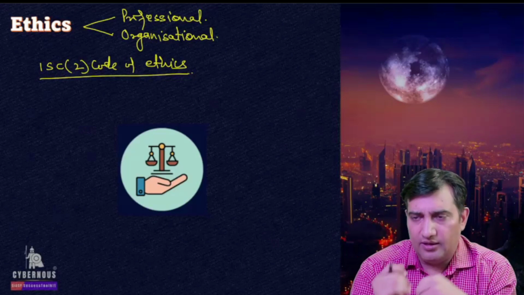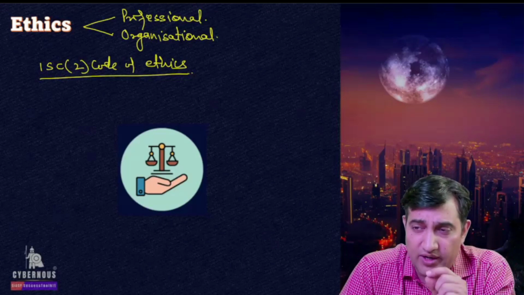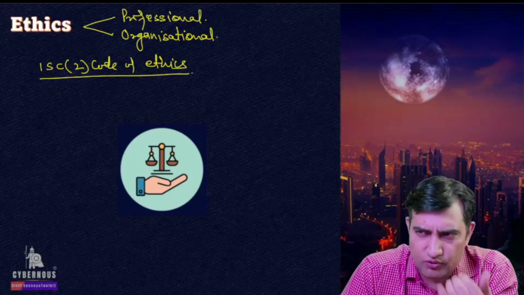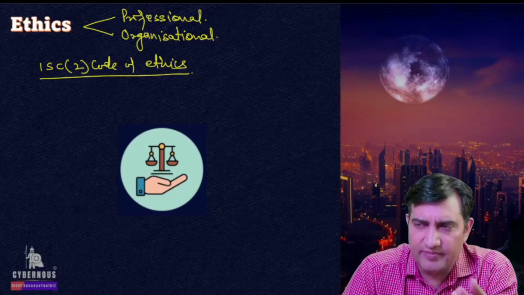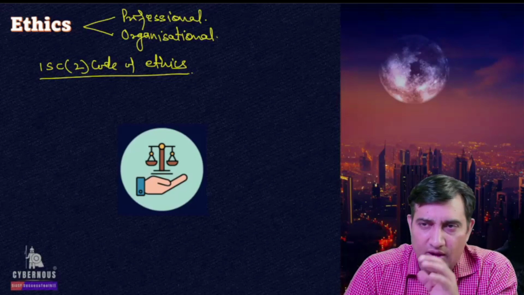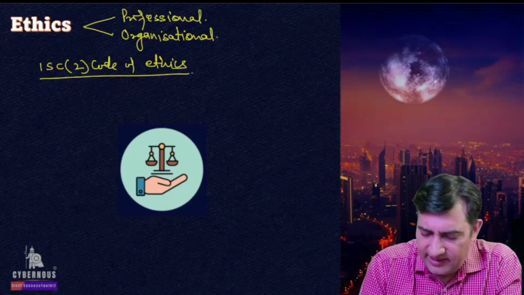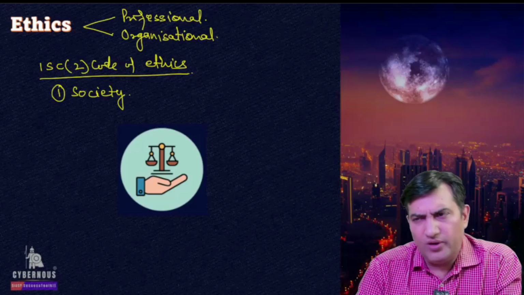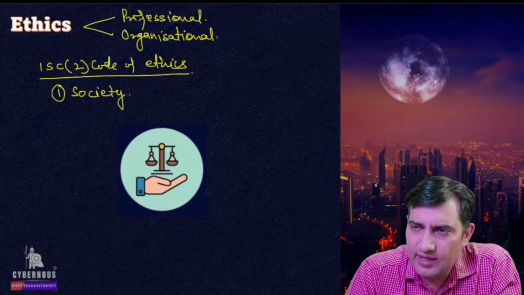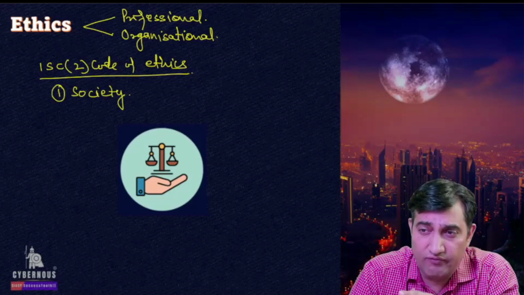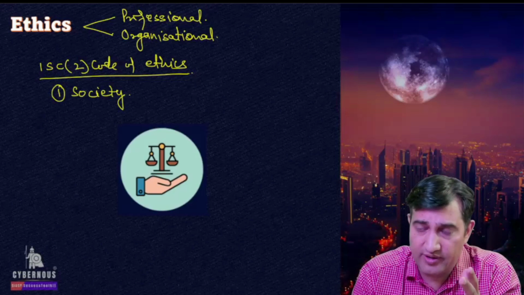And for that, you need to dive into understanding the ISC2 Code of Ethics, irrespective of whichever society or country you are coming from. It applies to all CISSP professionals. There are 4 ethics, and ethics number 1 is focused on the social good of the society. The statement says: protect society, the common good, necessary public trust and confidence, and the infrastructure you are working upon.